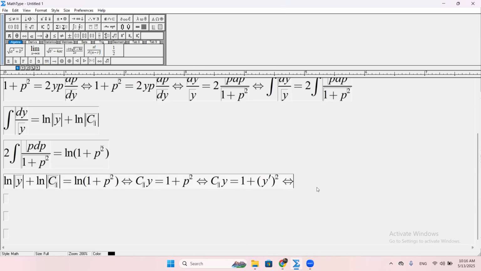So y prime will be equal to plus minus the square root of C1 y minus 1.